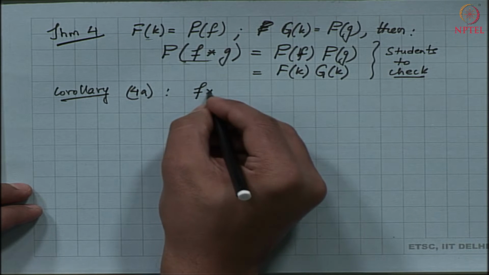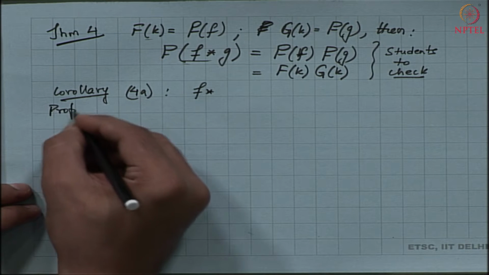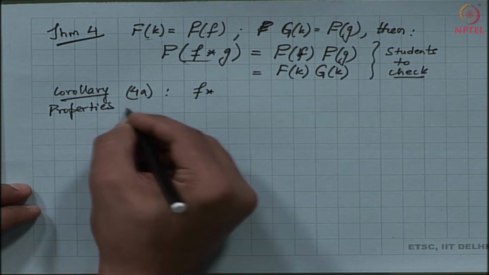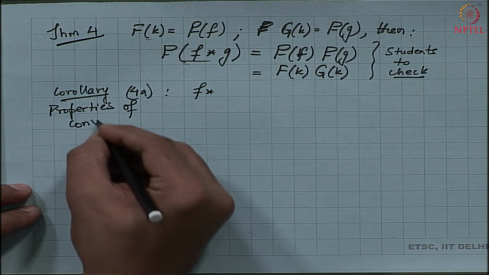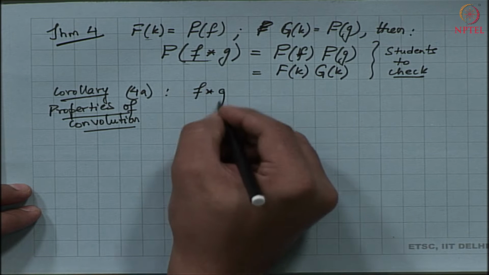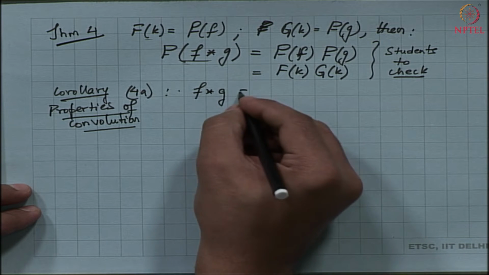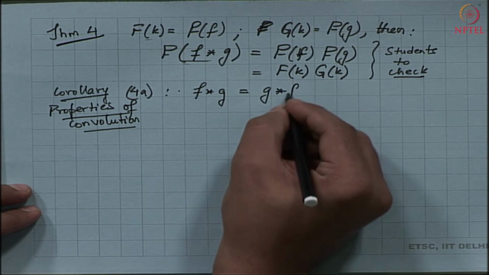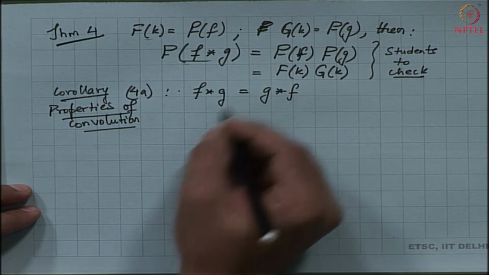Let me talk about it as 4a. These are some of the properties of convolution. In particular, one of the properties says that f star g is g star f. So, it does not matter about the order of convolution.